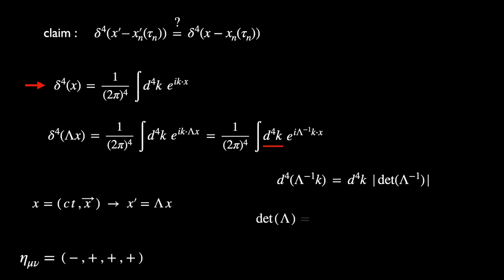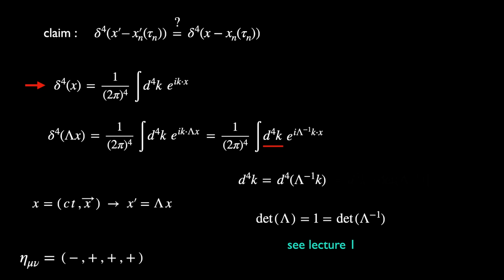Recall from lecture 1 that the determinant of any Lorentz transformation is equal to 1. This has to do with the invariance of the Minkowski metric under Lorentz transformations. This means the measure is invariant. Thus we can replace d4k by d4 of lambda inverse k.